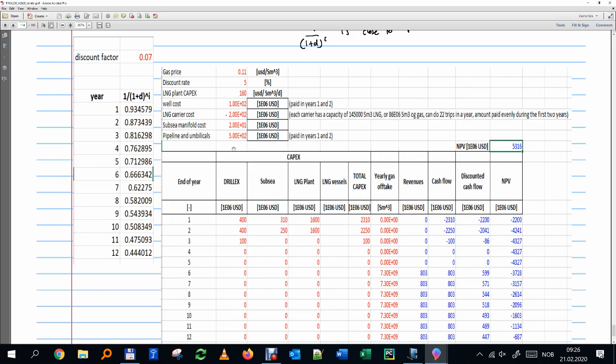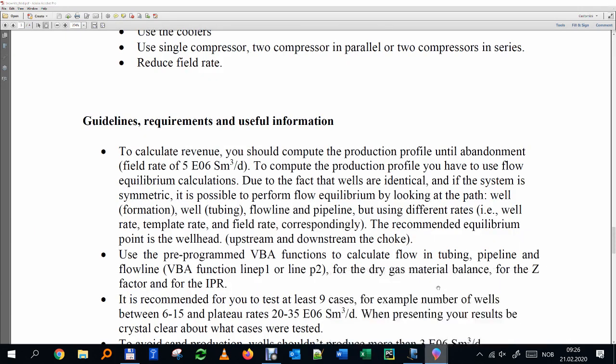Those umbilicals are taken from shore all the way to the wells where they are injected. That's the cost, and it says here it is paid in years 1 and 2. I think that's also described in this document.